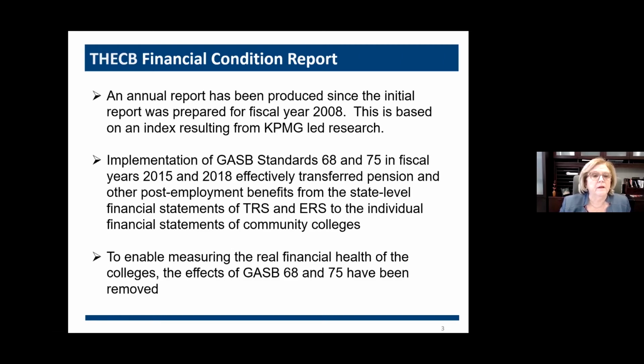Another thing to keep in mind, and you may have heard about these two standards: the Governmental Accounting Standards Board produced two standards, number 68, which took effect in 2015, and number 75, which took effect in 2018. Basically, what both of these did was transfer some retiree benefits, future liabilities, onto the community college's books. For example, TRS, the Teacher Retirement System, is what we use for our retirement.